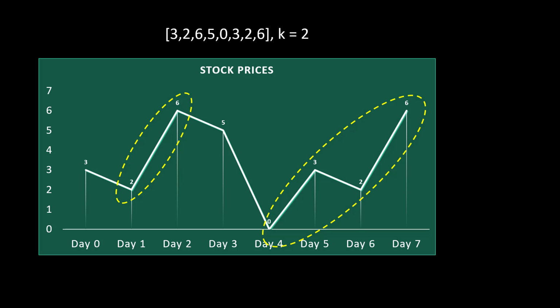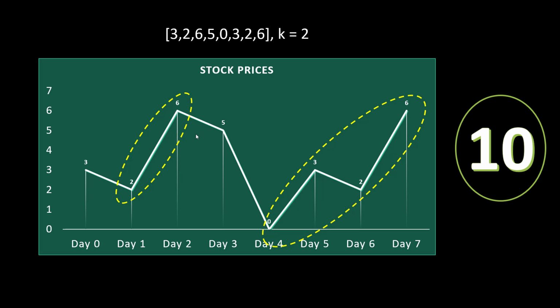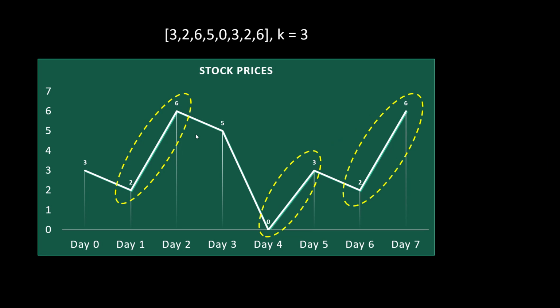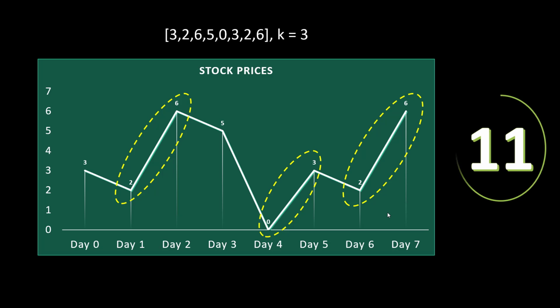In that case, I can consider one more transaction which is this one, and the profit now becomes 6 plus 4 which is 10. What happens when I increase k to 3? In that case, I can break down this entire transaction into two different transactions which will maximize my profit to 11. So you can see that the number of transactions affects the profit that you can achieve over here.